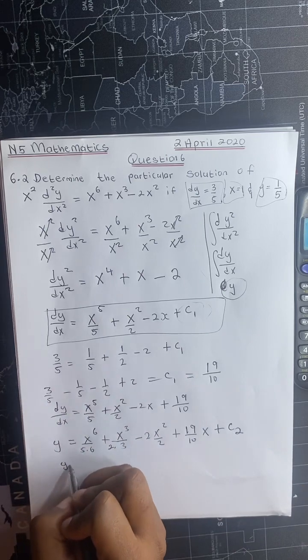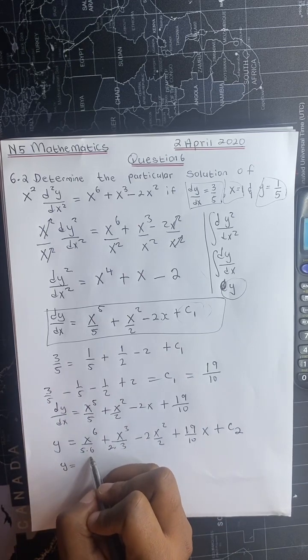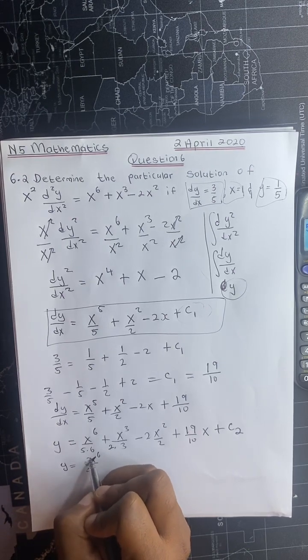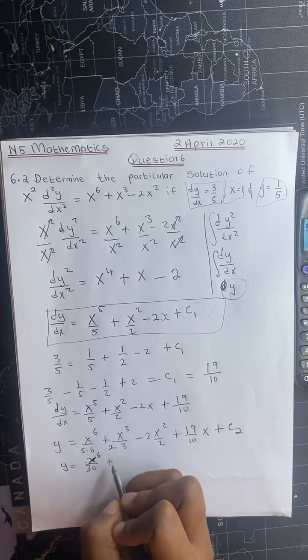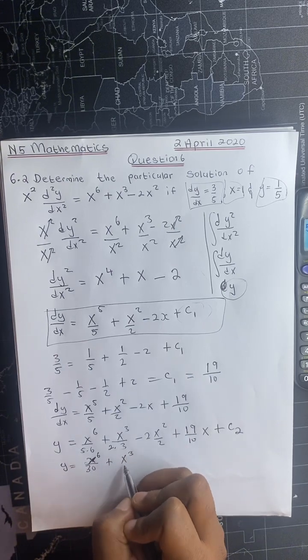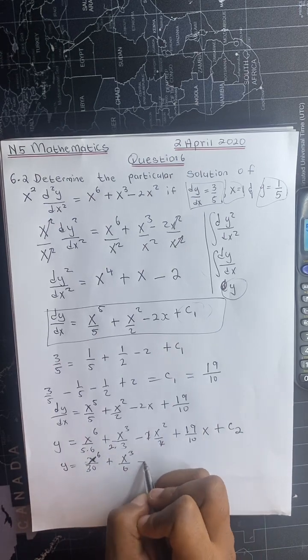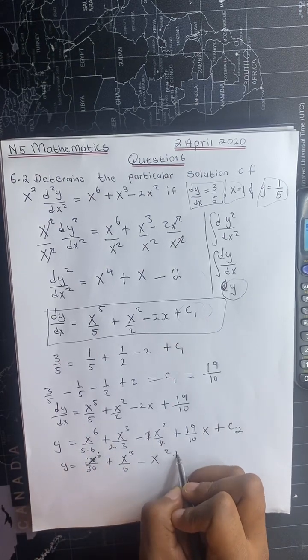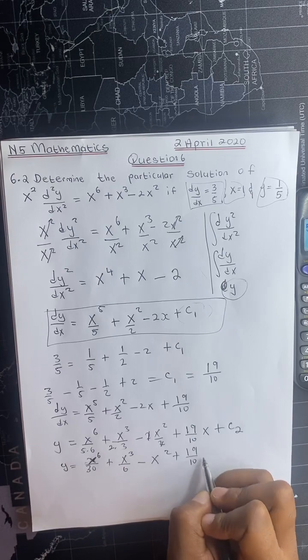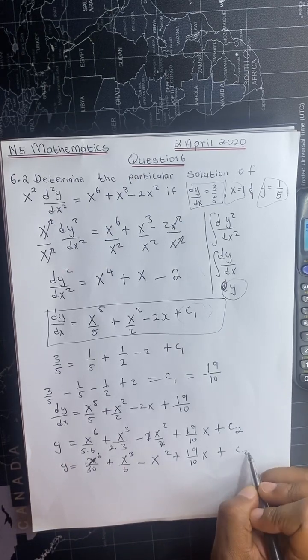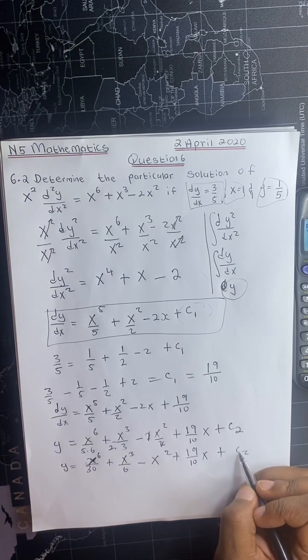Before we do that, let's simplify: 5 multiplied by 6, plus x cubed over 2 multiplied by 3, which is 6. That 2 will cancel out with that 2, and we'll have negative x squared plus 19 over 10x plus c2. So we determine the value of c2.